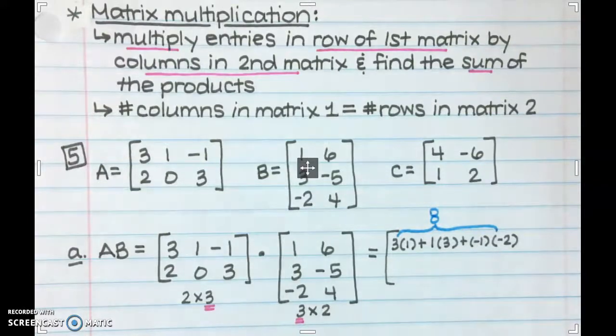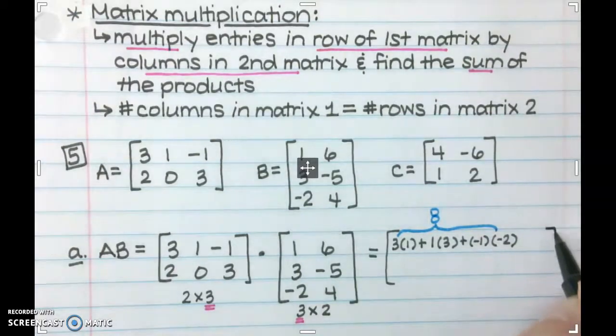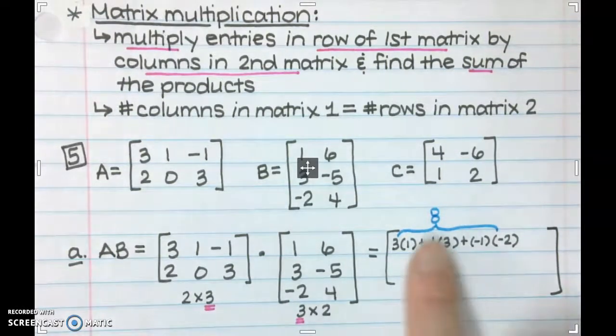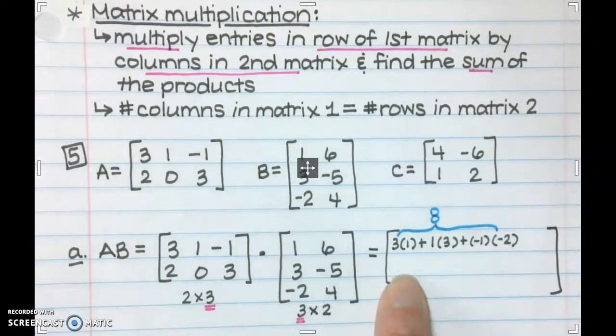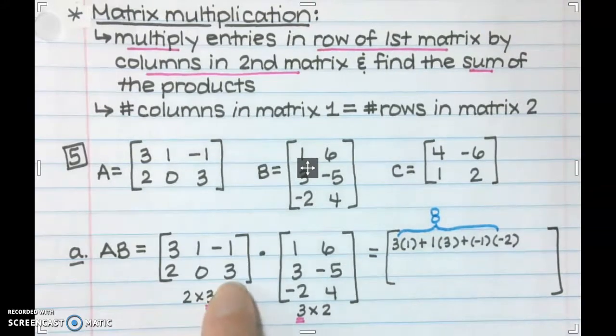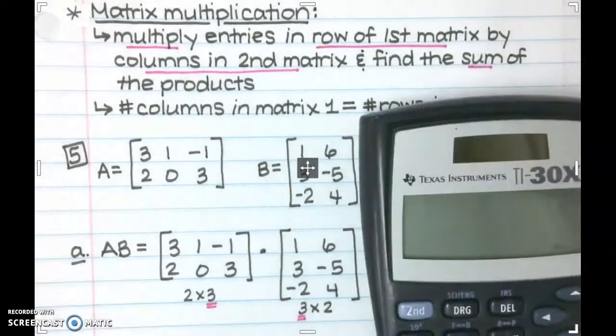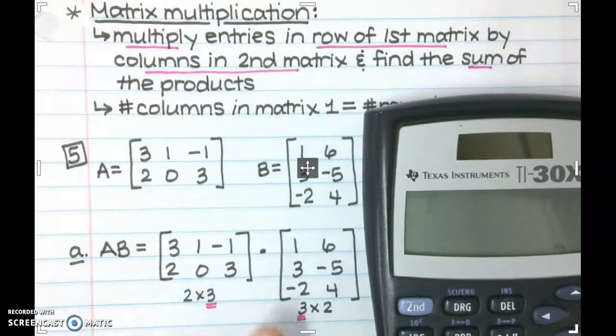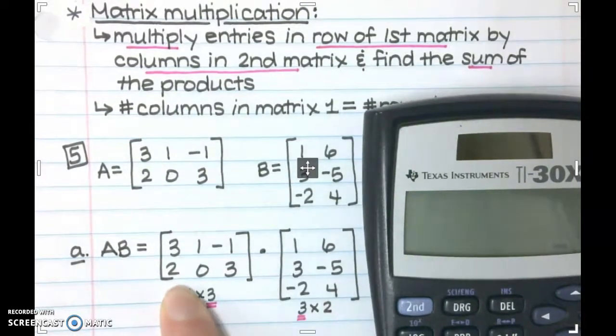And once I get going, I will often prefer to use my calculator to find each of these elements. So let's do that. I'm now moving to the second row, but I'm still in the first column. So I'm going to work in the second row, first column. I'm going to multiply 2 times 1.